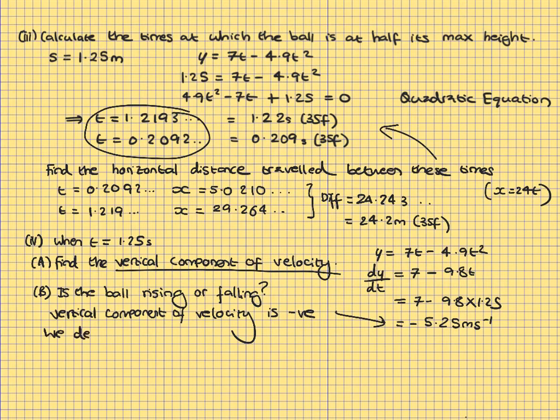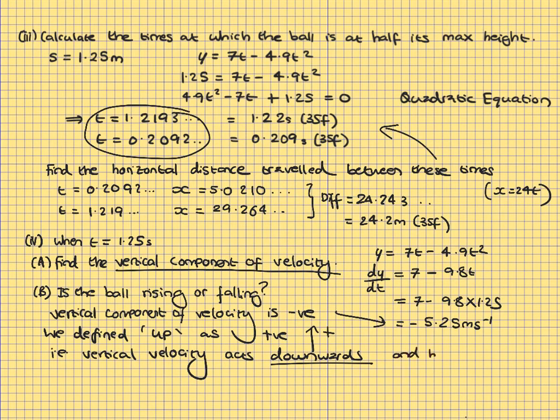Now, we defined up as positive, which means that if the velocity is negative, the ball must be falling downwards. So i.e. the vertical velocity acts downwards or is in a downwards direction, and the ball is falling, not rising.